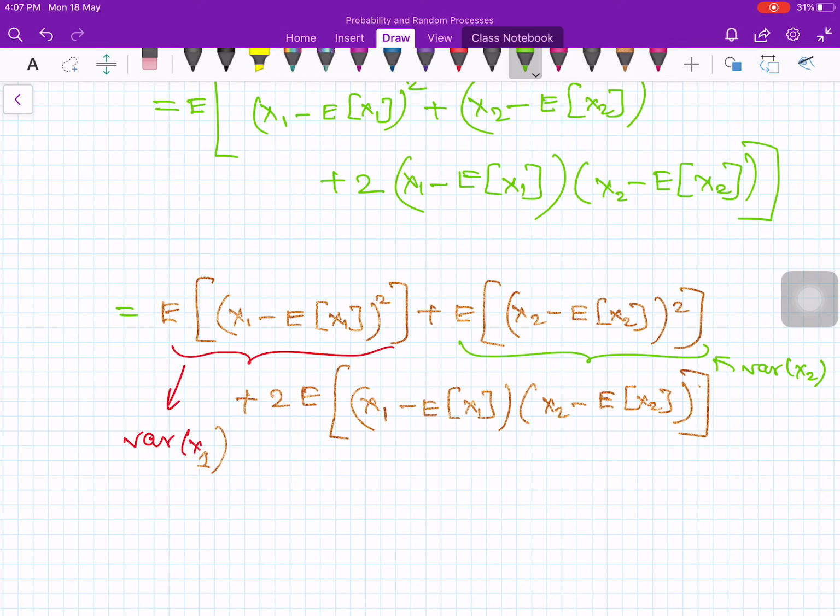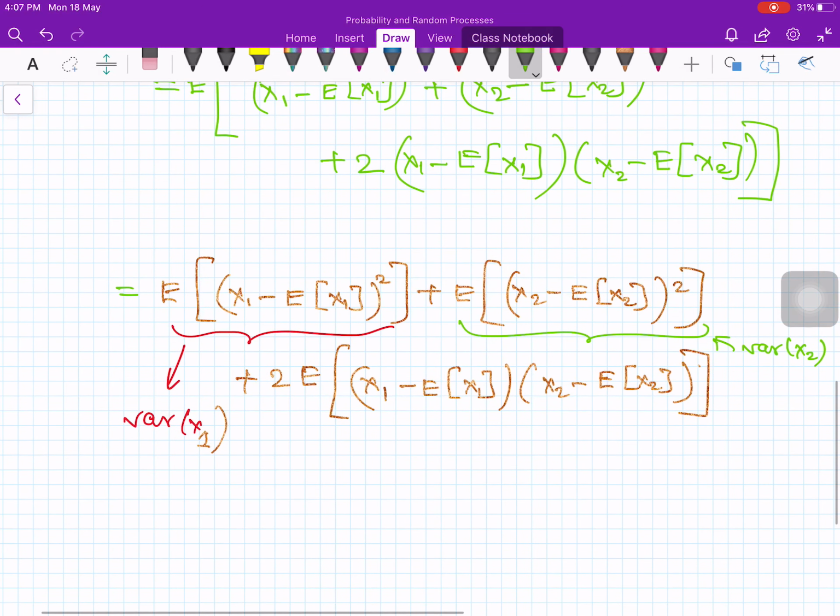And finally the cross term, x1 minus e of x1 times x2 minus e of x2, is the same as the covariance of x1 with x2.